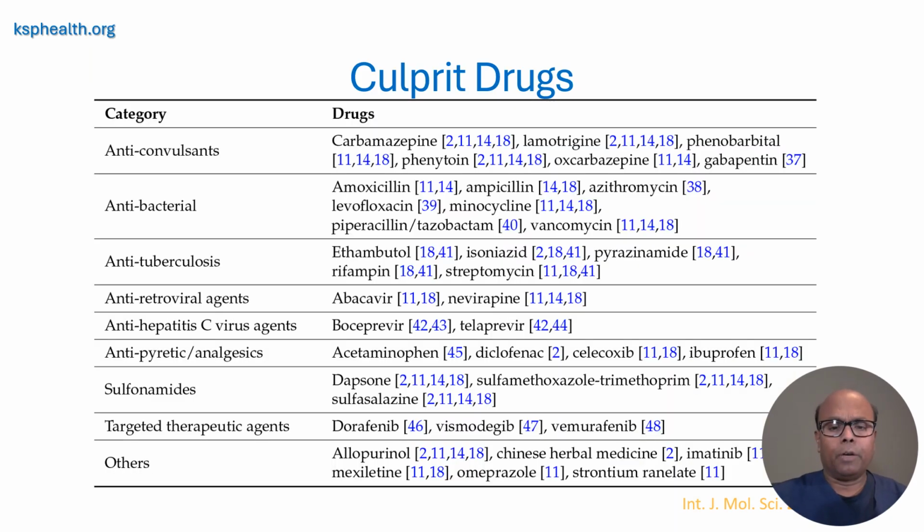It's often associated with lots of drugs: anticonvulsants, antibacterials, antituberculosis, antiretrovirals, hepatitis C agents, antipyretics, analgesics, sulfonamides, targeted therapeutic agents, and other medications. So one should evaluate exposure to all these medications.